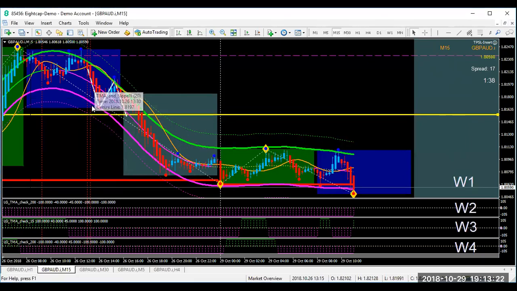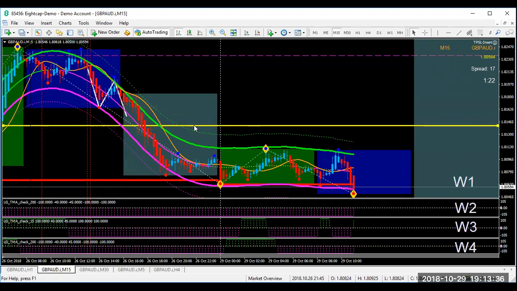Okay, so with our expected target being there, and we can see the greedy line going out, we can actually have a warning that we can move our take profit a bit further down.